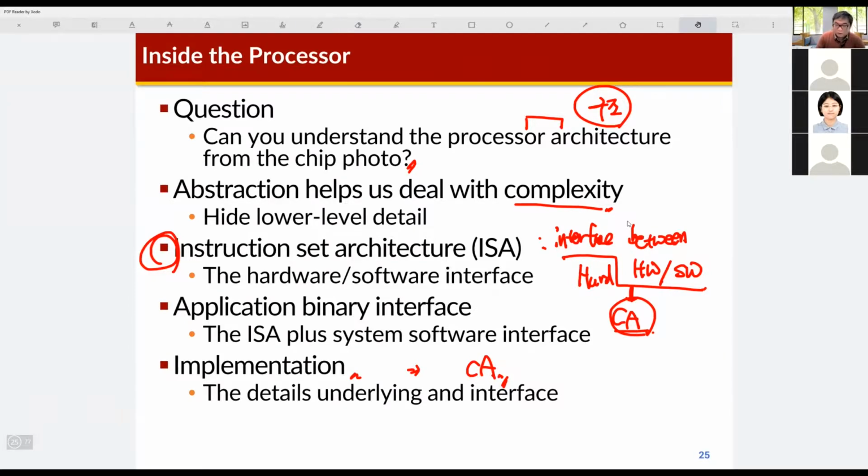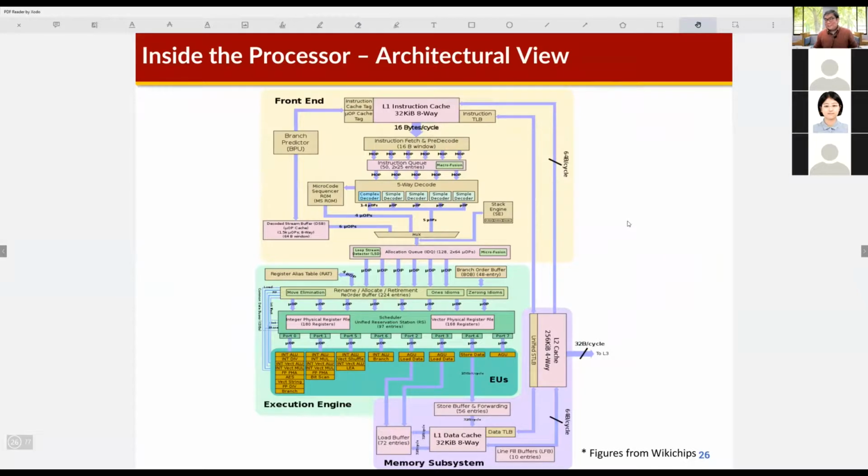Okay, so for example, this figure shows the block diagram or some more detailed architecture of Intel CPU. As you can see, this architecture is composed of many rectangles, many blocks. A rectangle represents a hardware block.